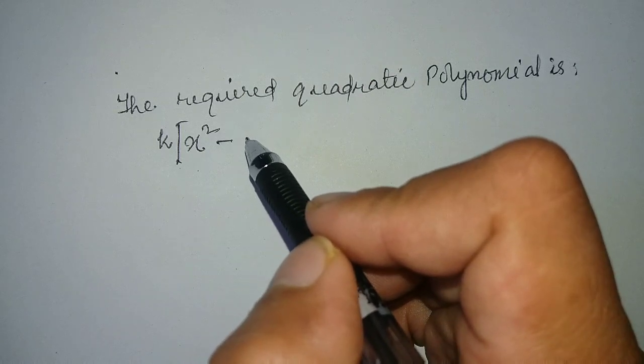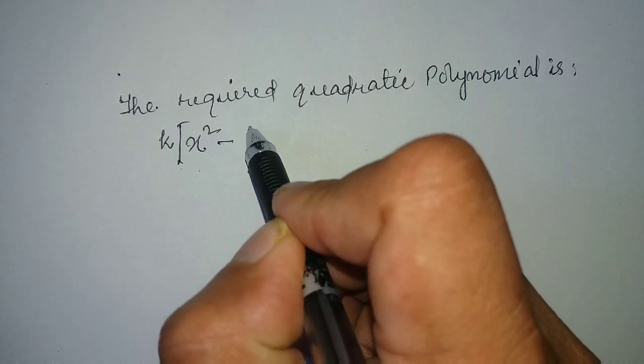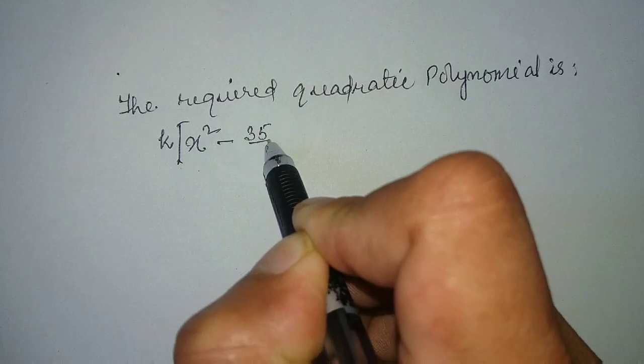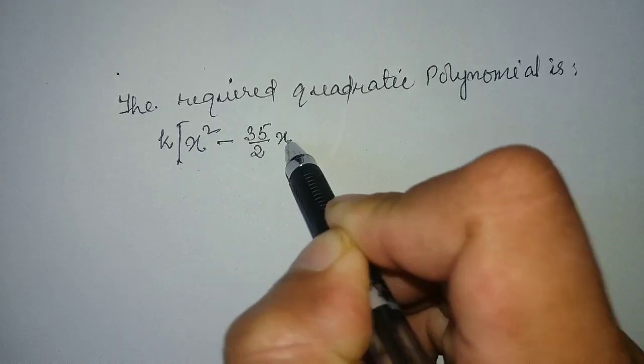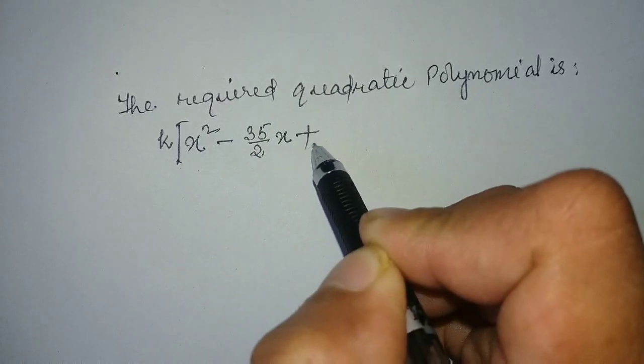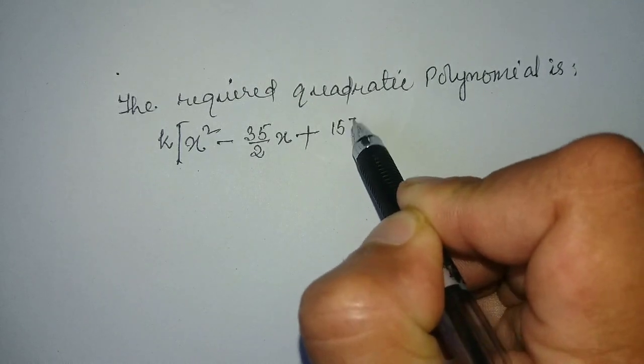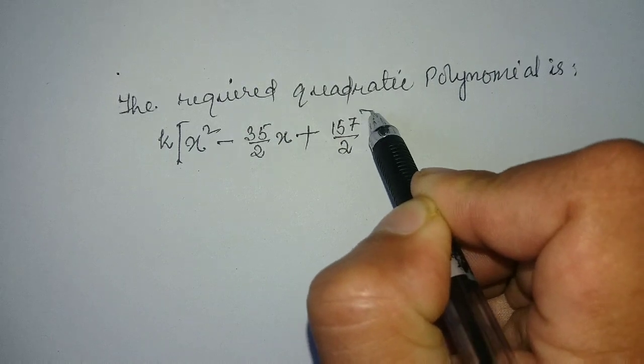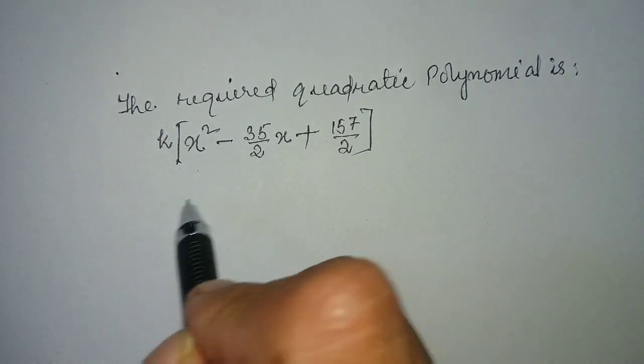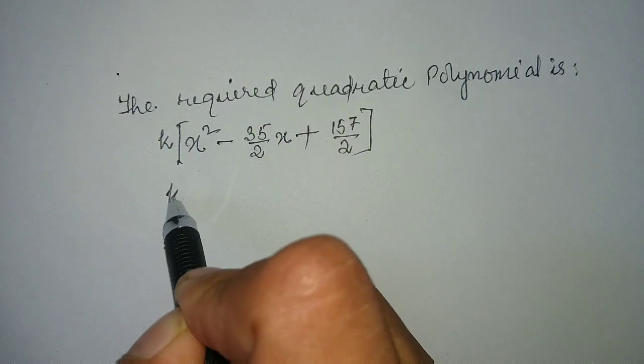Our sum of the zeros is 35 by 2, x plus product of the zeros, which is 157 by 2.